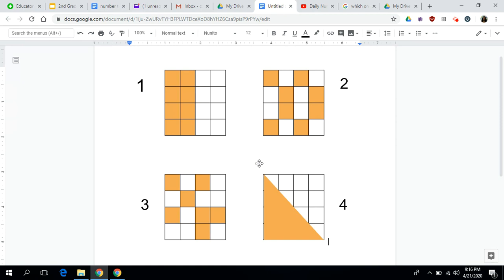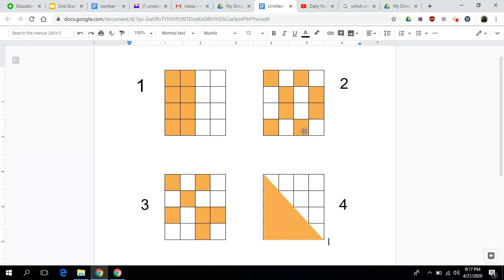And then the last one we need to take a look at is, why does box number 2 not belong? When I look at box number 2, I struggle a little bit more with that one because it is equal to 1/2. The shaded area is equal to 1/2. It is shading in all boxes.